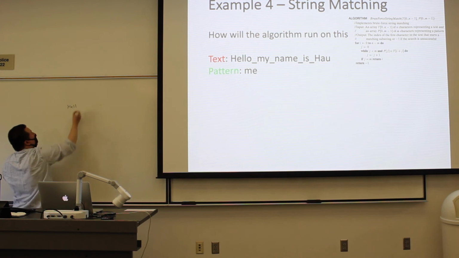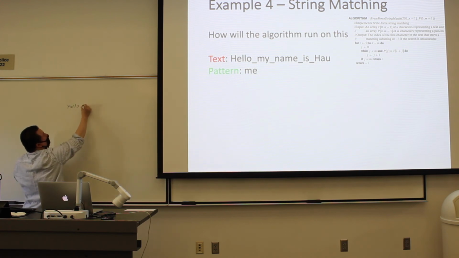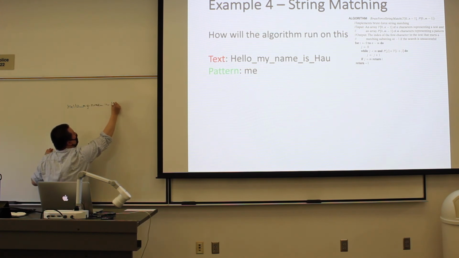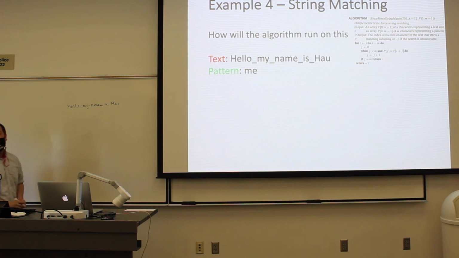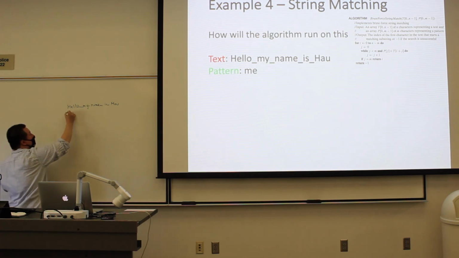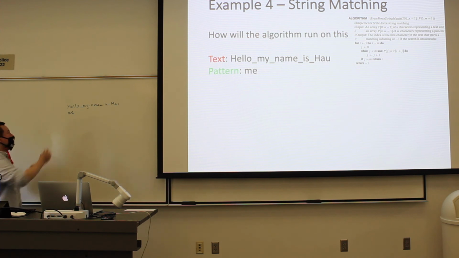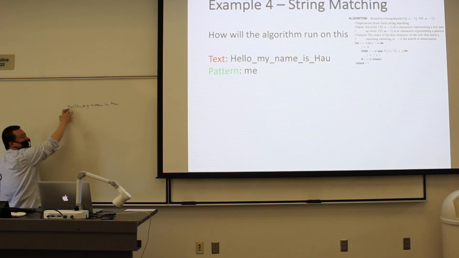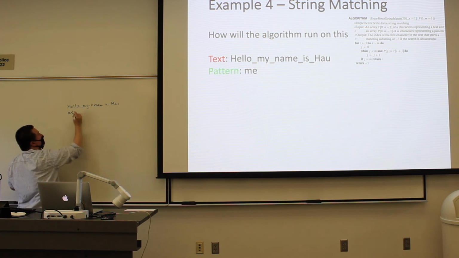So I'm just gonna do. And then the first evaluation, you're gonna align this here, and then you're gonna try to compare this, right? If the initial character doesn't match, you can slide this over, and then you slide over to this slot.